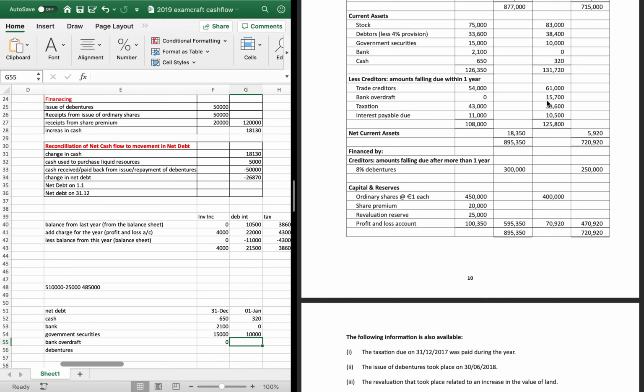We will have a bank overdraft last year, 15.7. Again, 15.7 here, 0 in the bank. You can't have numbers in both of those. Our debentures then, 300,000 this year and 250 last year. So they're minuses.